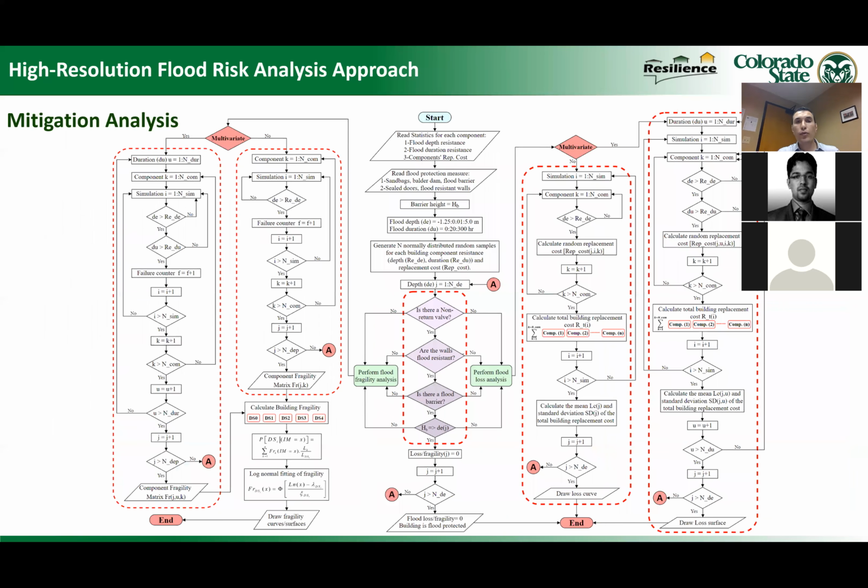So let's move to the second stage of my research, which is the mitigation analysis. We expanded our framework to include the different mitigation measures that could be done at the building level. Here the flow chart shows what if we were able to use a barrier with a height of HB.